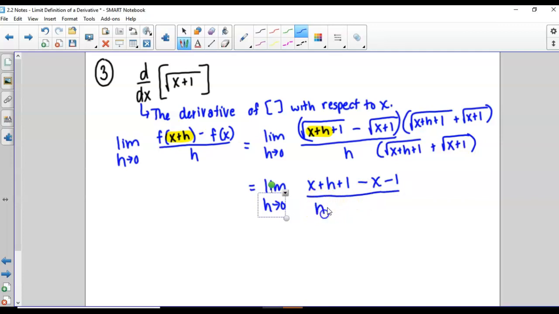And that'll be over h times the square root of x plus h plus 1 plus the square root of x plus 1. And so these cancel, and then the h's are going to cancel after you get that other stuff canceled.